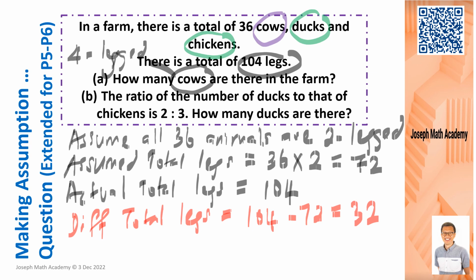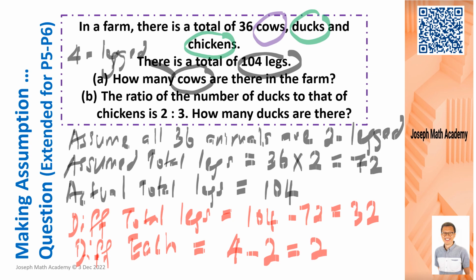So from here, we still have another equation also involving difference. This time, we are based on the two big categories, one four-legged animal and one two-legged animal. The difference is 2. Now if you are able to remember, take these two values, divide each other. Take the two differences, divide each other.